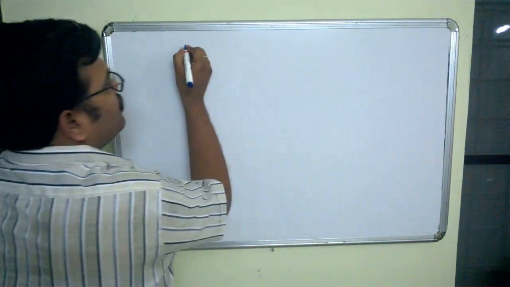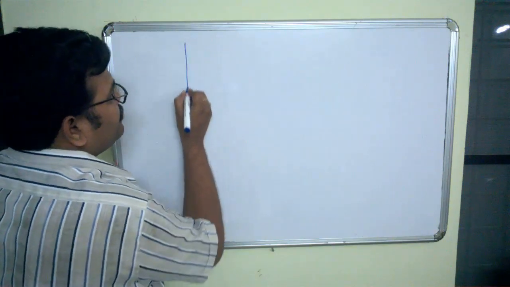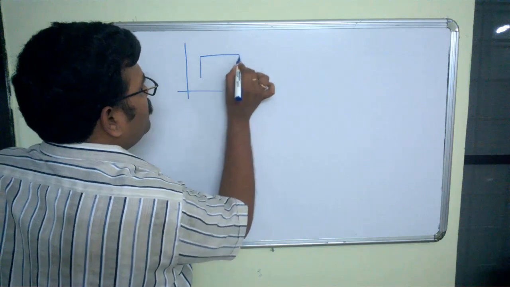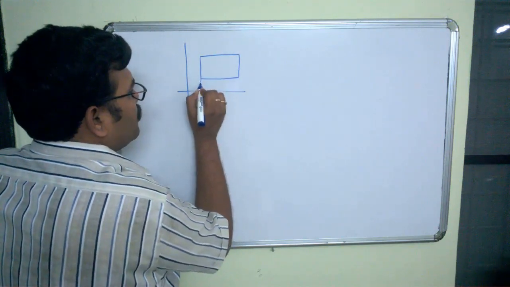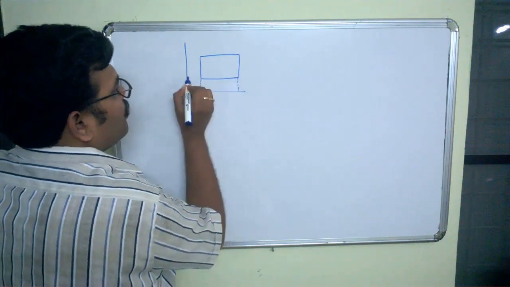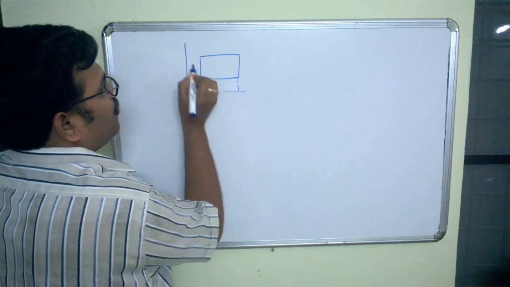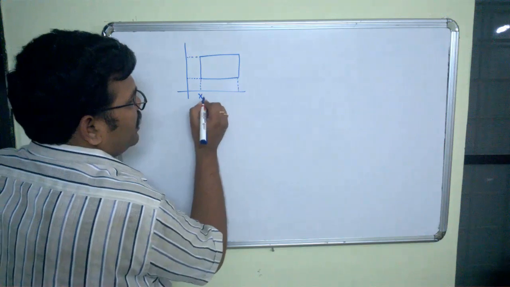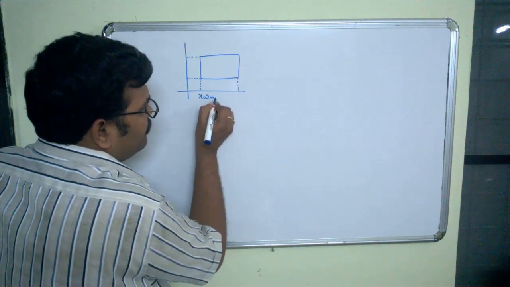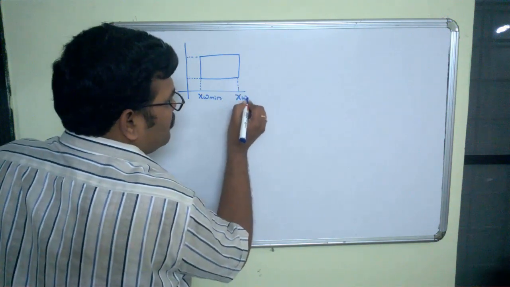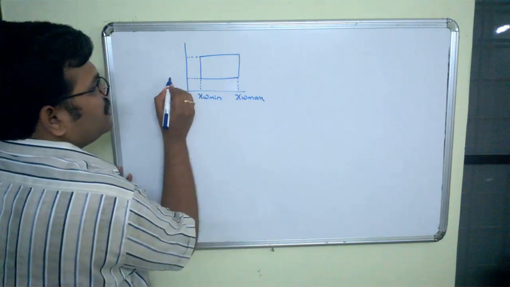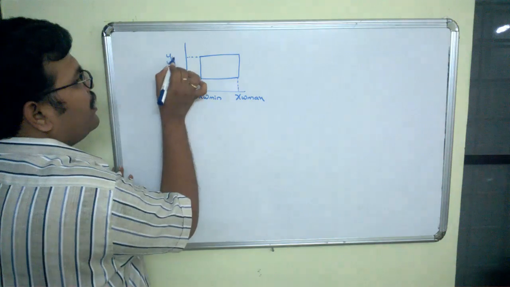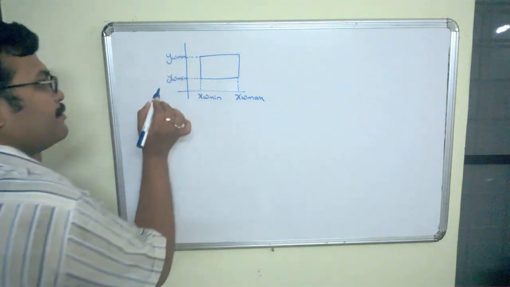Let us consider two points. So this is a window. Towards the x-axis, that is xw minimum, this is xw maximum, this is yw minimum, this is yw maximum.